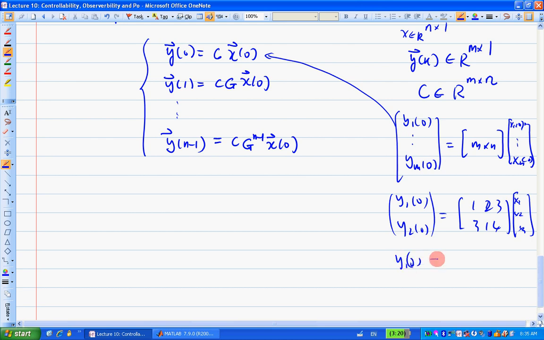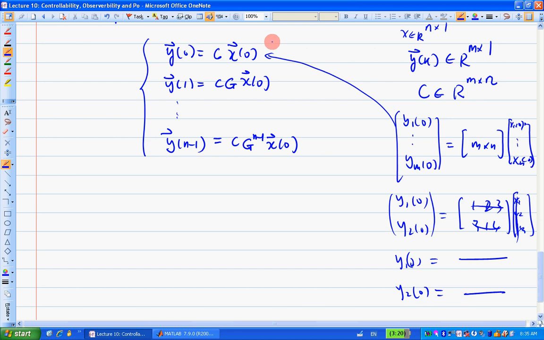This by this equals this by this. How many? 2, right? So this 2 here is m. Each one of these has m equations.